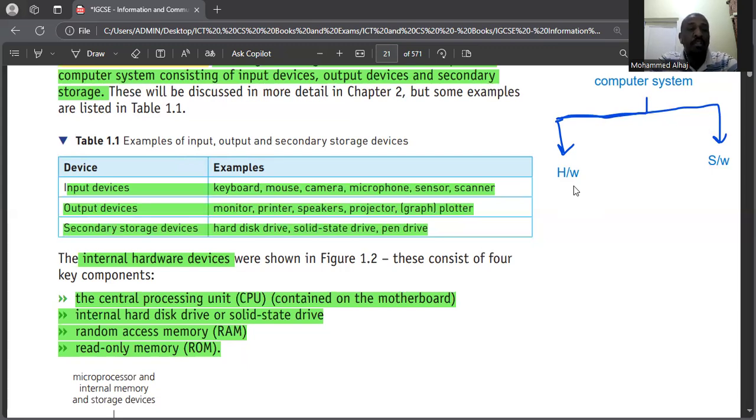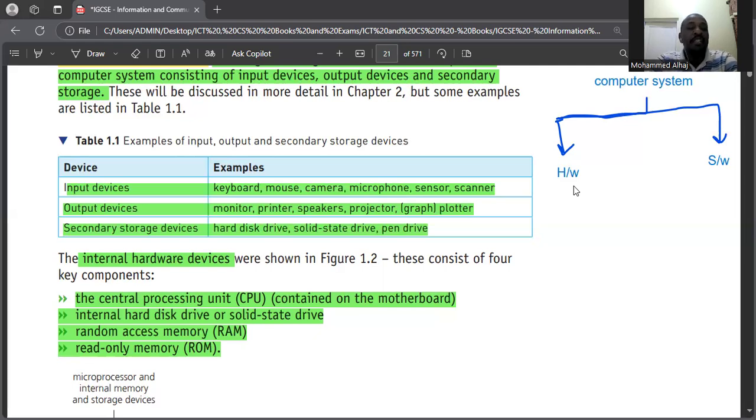Those different types of devices form the hardware in a computer system. In addition to that, we have software, which is a kind of instructions and programs. Software is divided into two parts: system software and application software.